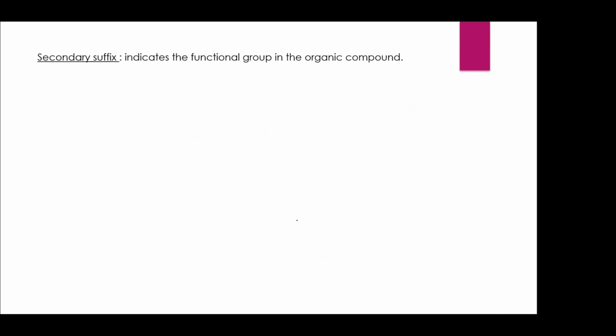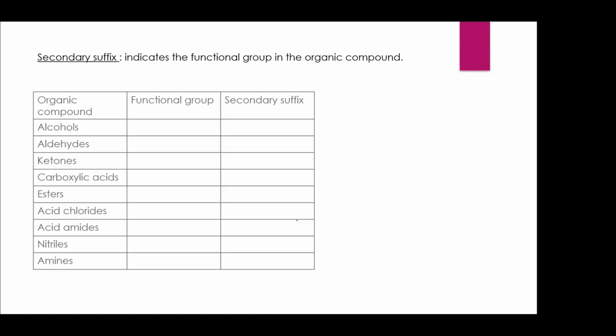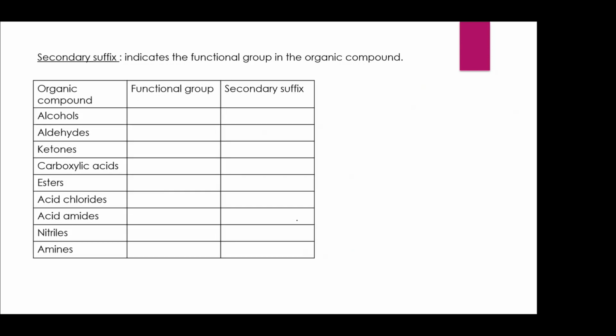Now is secondary suffix. So secondary suffix will indicate the functional group in the organic compound. For organic compound alcohols, the functional group is OH and secondary suffix is ol. So what are the functional groups? Functional groups will determine the chemical properties of the organic compounds.